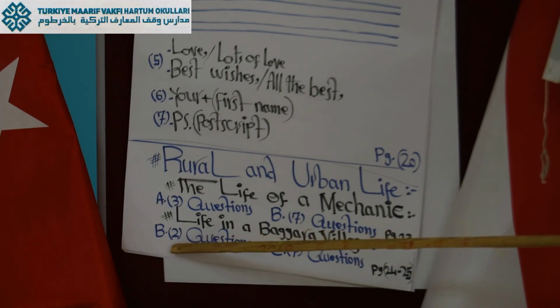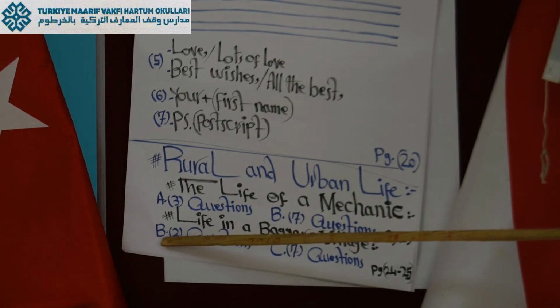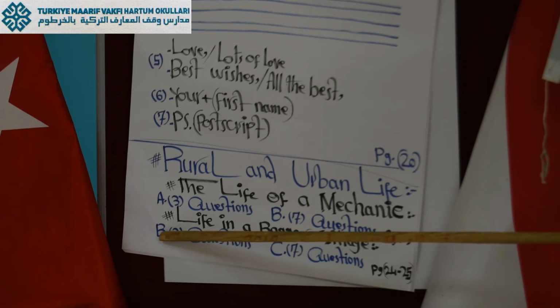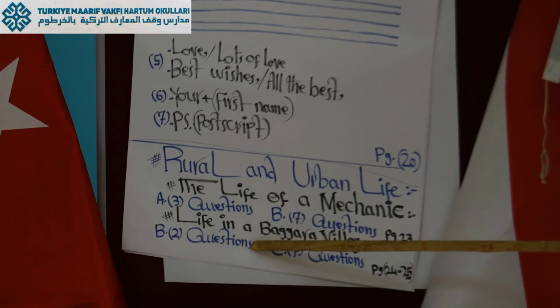Of course, we have A, B, C. But forget about A and answer exercise B. Only 2 questions. On top of every paragraph, you will find a question. So 2 basic questions. Answer them all about life in Bagara.